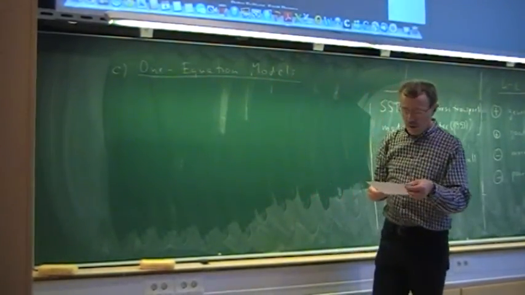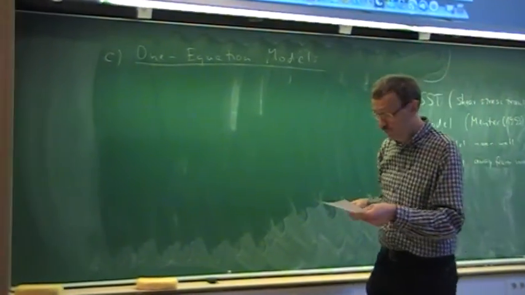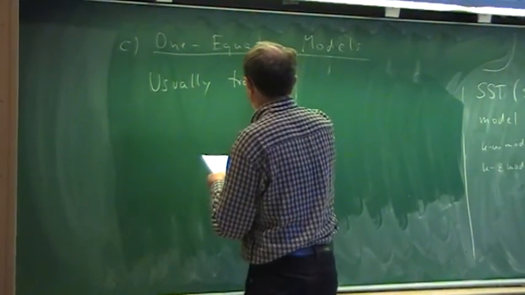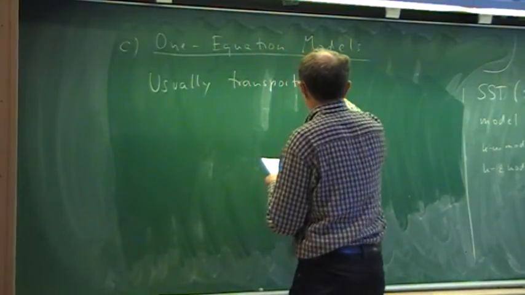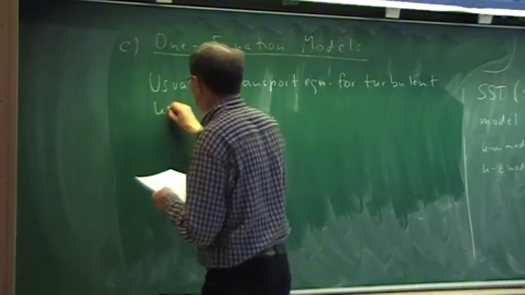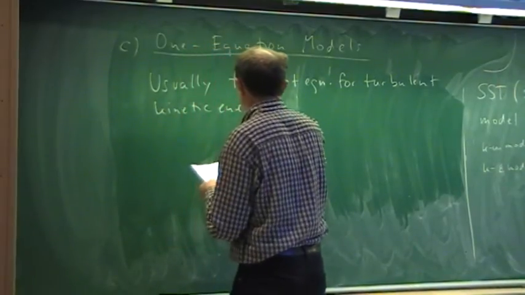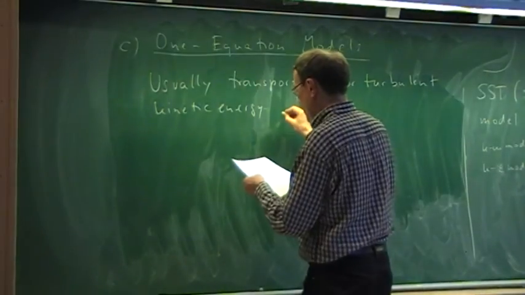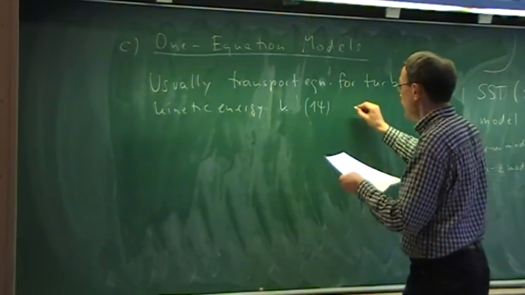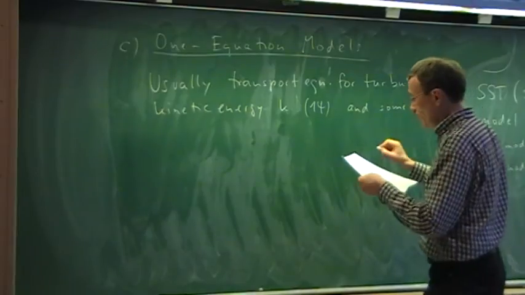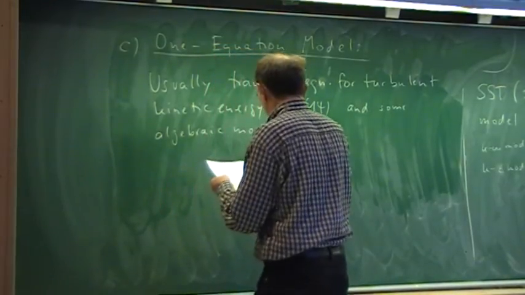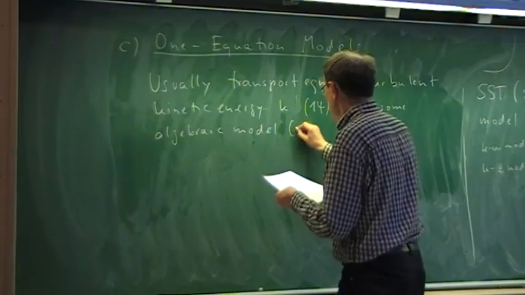They usually use the transport equation for turbulent kinetic energy, that is then our equation 14, for k, and some algebraic model that we are discussing in the next section.